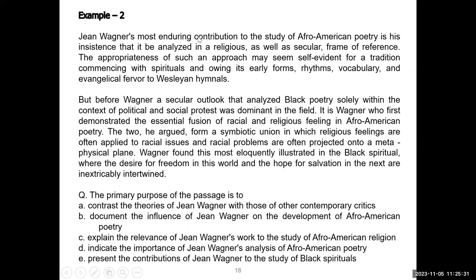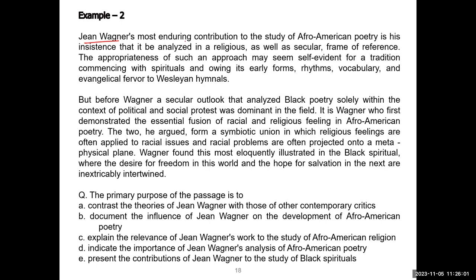What does this passage say? This passage says, Jean Wagner's most enduring contribution to the study of Afro-American poetry is his insistence that it be analyzed in a religious as well as secular frame of reference. Okay, so what is the meaning of this? There's a person called Jean Wagner.